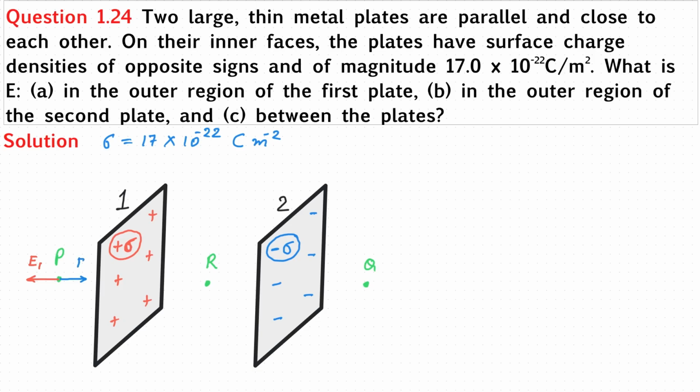So that is E2. I repeat, due to the positive plate, the electric field is outside. That's why E1 is in the left side direction, and due to the negative charge, that means the second plate, the electric field is towards that plate. That means at point P it is in the right side direction.